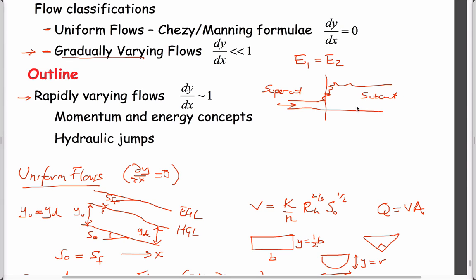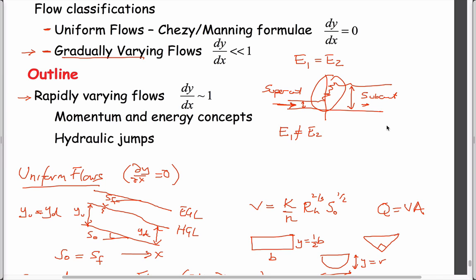It's deep and slow, so slow but deep, and shallow but fast. And in that particular case, we'll find out that there's energy lost within the system because there's lots of turbulence in this region. And in that case, we don't write the energy as equivalent to each other.